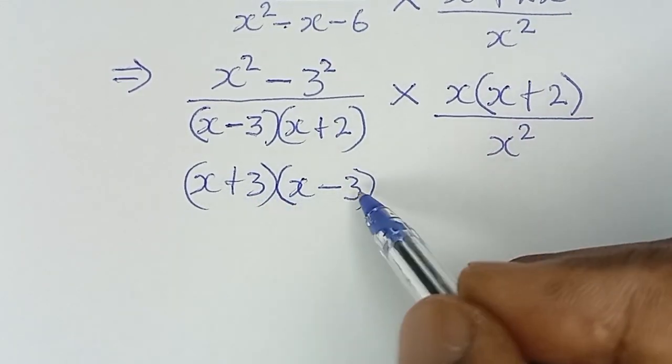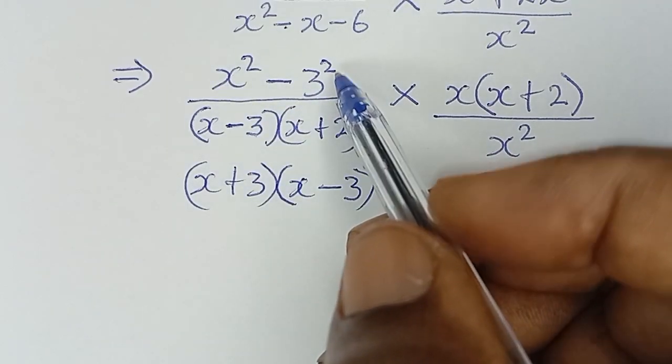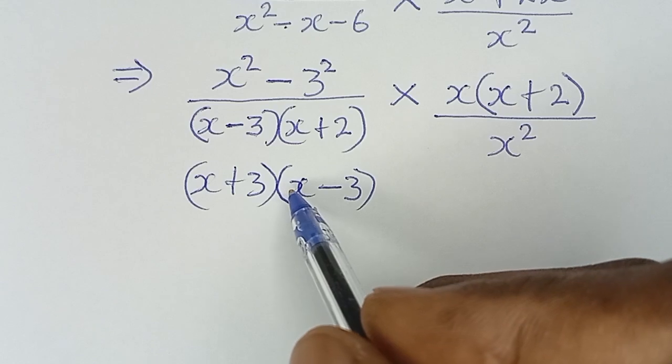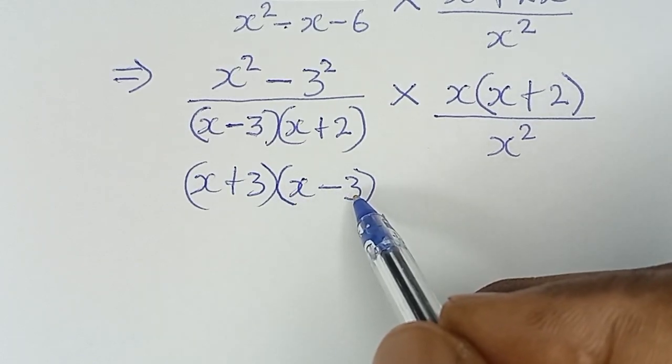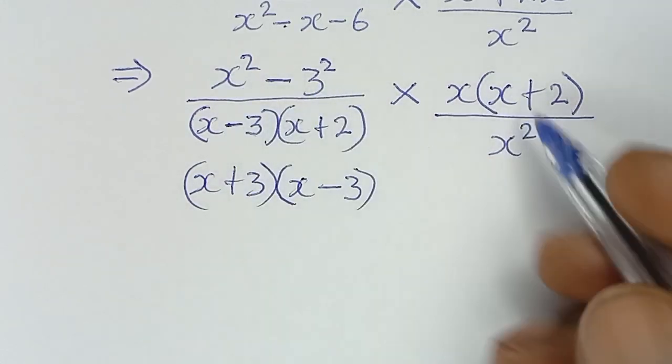You add the terms together, put them in a bracket, and then multiply by subtracting the terms in another bracket. So if you expand this term, you're going to get this one.